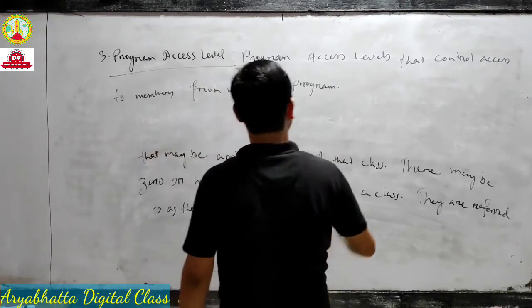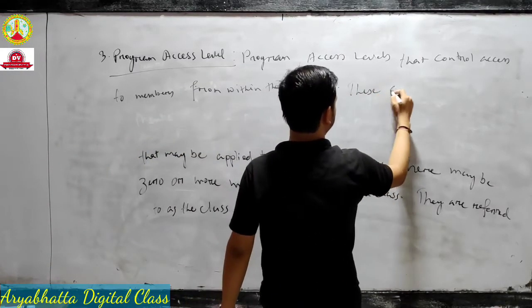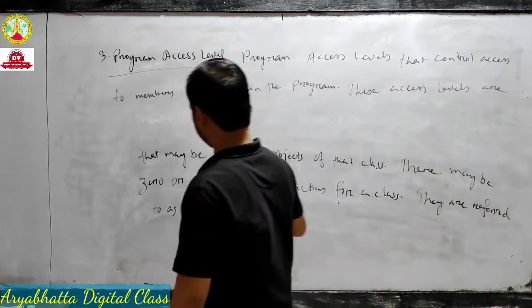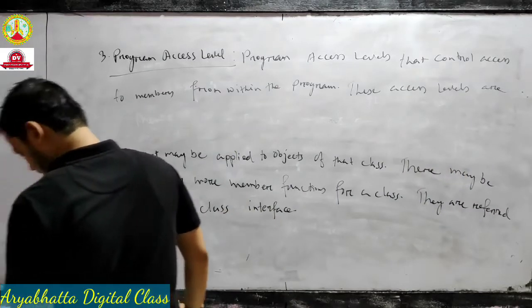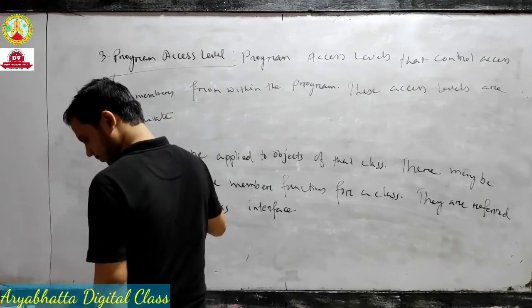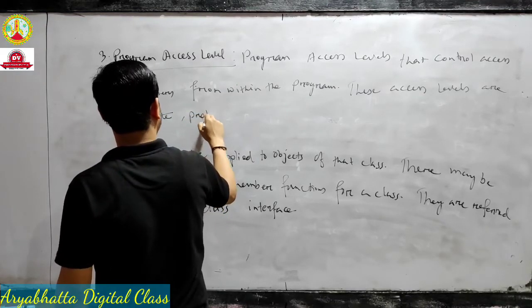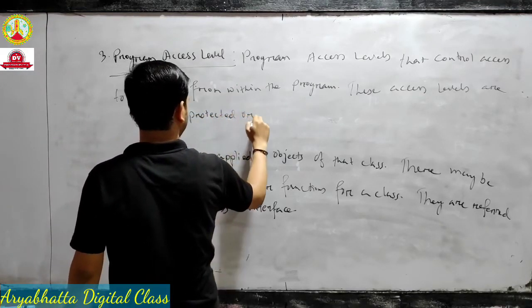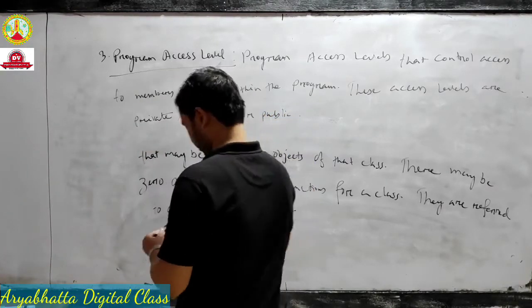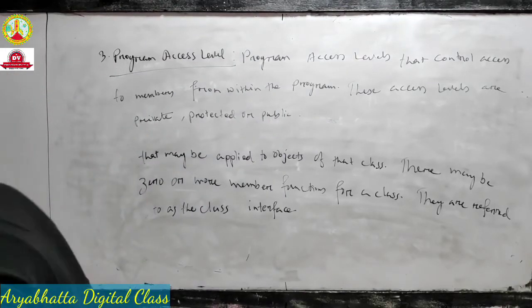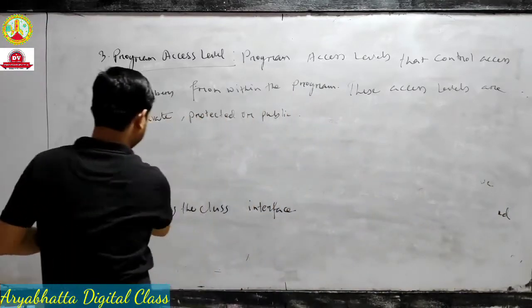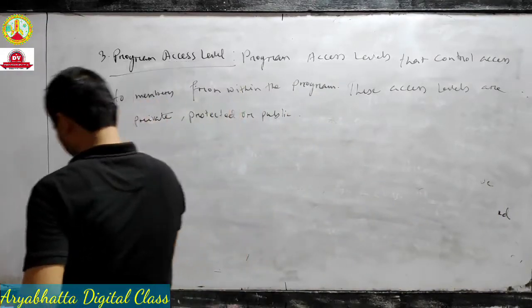These access levels, we already discussed earlier as accessibility modes: private, protected or public.